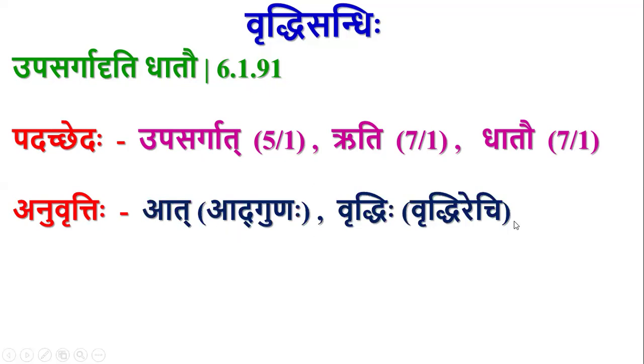Ruddhi is taken from Ruddhirechi. So this upasargat at means that the akara is from an upasarga. Then ruti dhatau, that is rukara: if the akara of an upasarga is followed by the rukara of a dhatu, then purva and para combine to form ruddhi adesha.